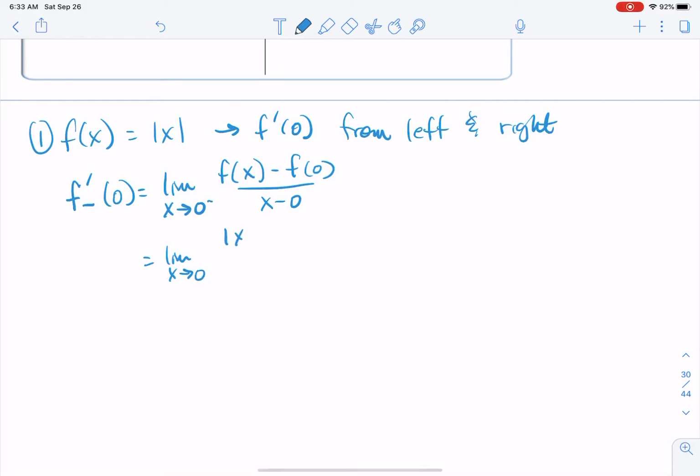Oh, wait a minute. This should be from the left. Absolute value of x over x. Does that look familiar? Have we seen this thing before? I don't want to stick in a 0, because I do get 0 over 0. So I want to see what this is approaching from the left-hand side, which means numbers a little bit less than 0.